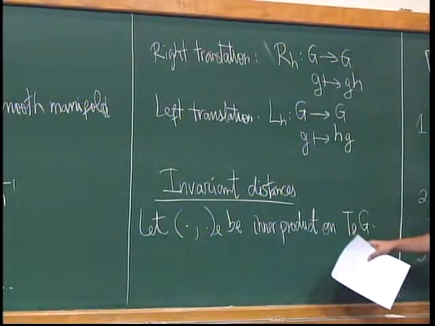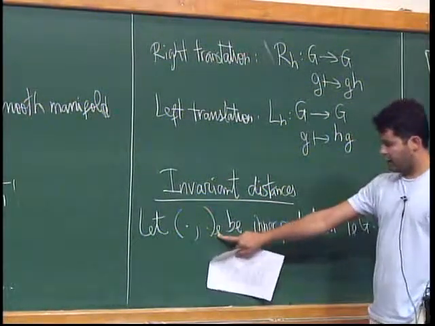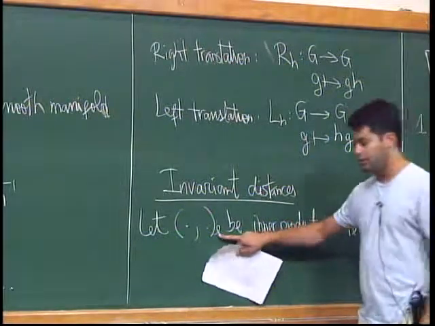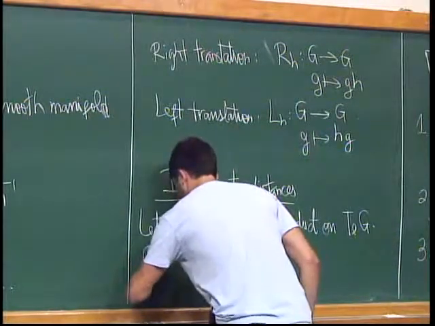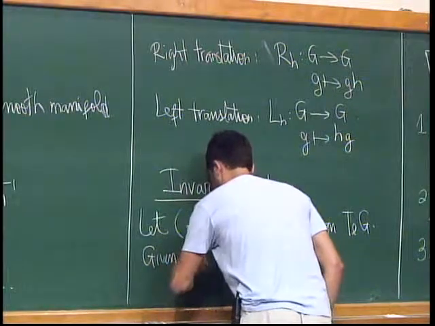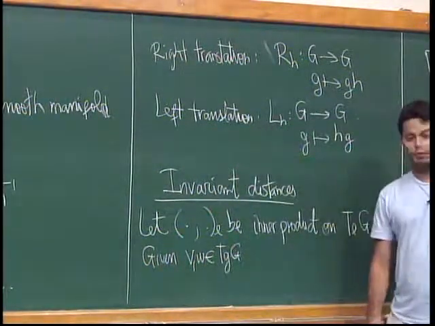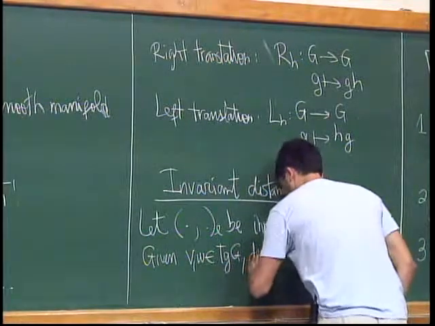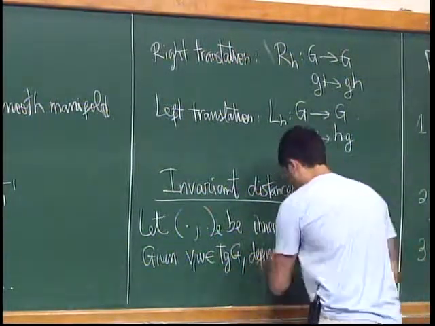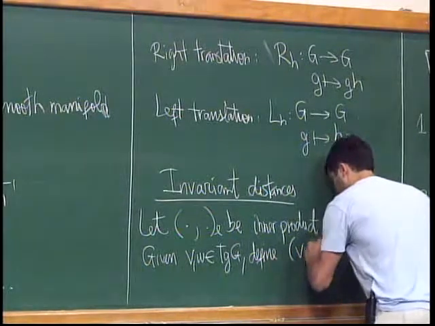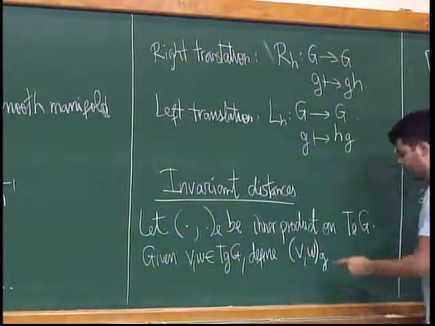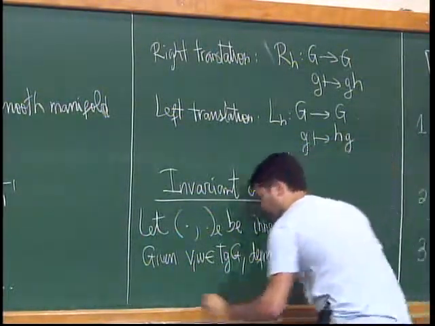And now I want to define an inner product on every element of the group. So, if you give me two vectors which are in the tangent space of some element g of the group, I define <v,w>_g, the inner product of v and w, as follows.